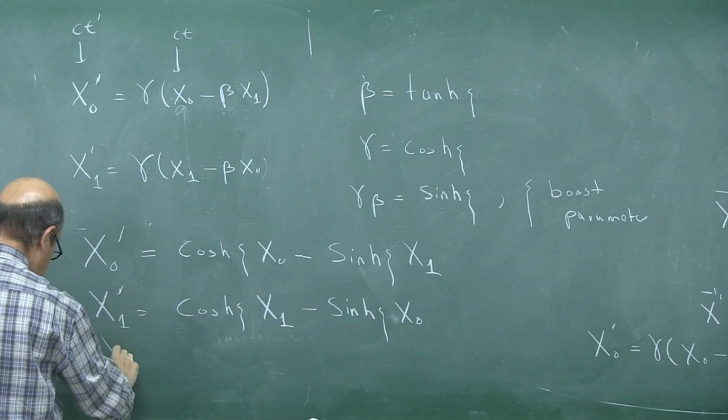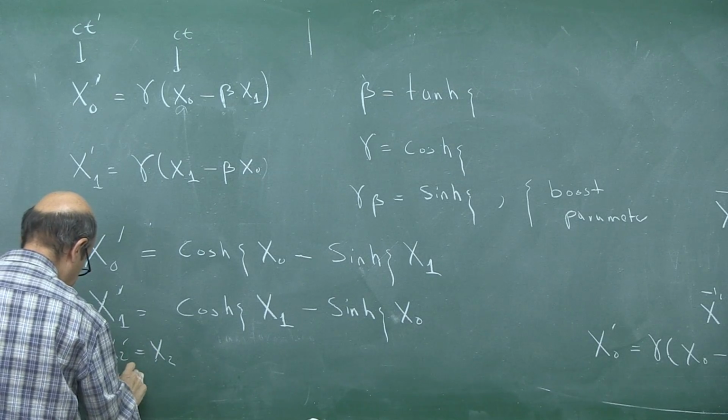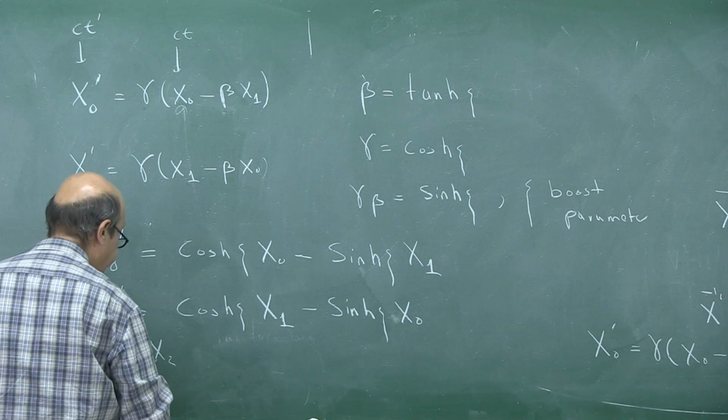And x2 prime is equal to x2, x3 prime is equal to x3.